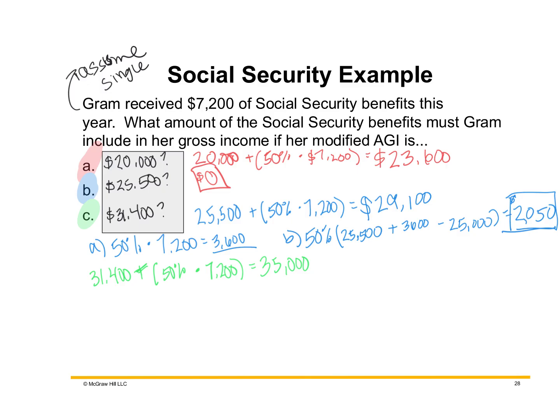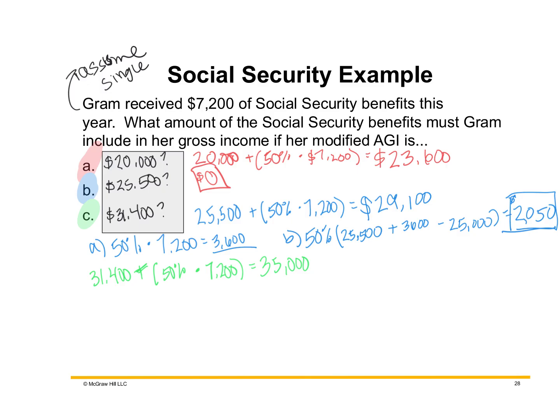Since this 35,000 is greater than 34,000, we're going to go through the options for number 3 to figure out the taxable Social Security benefits.